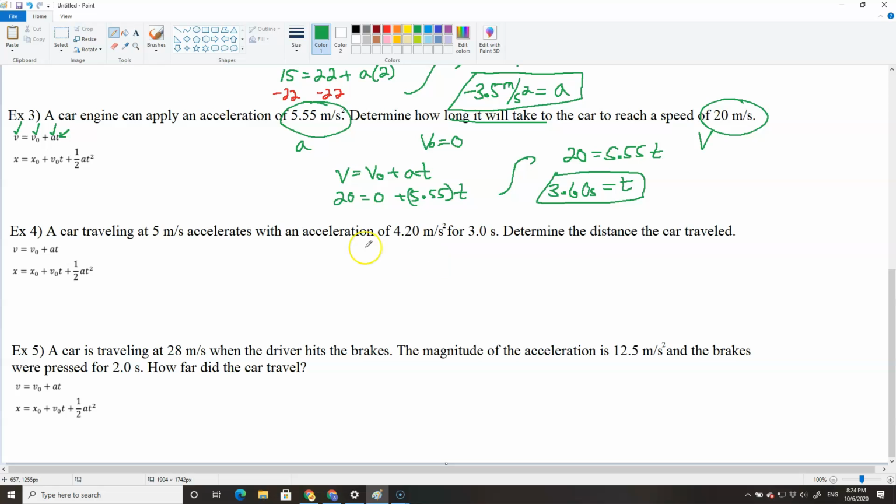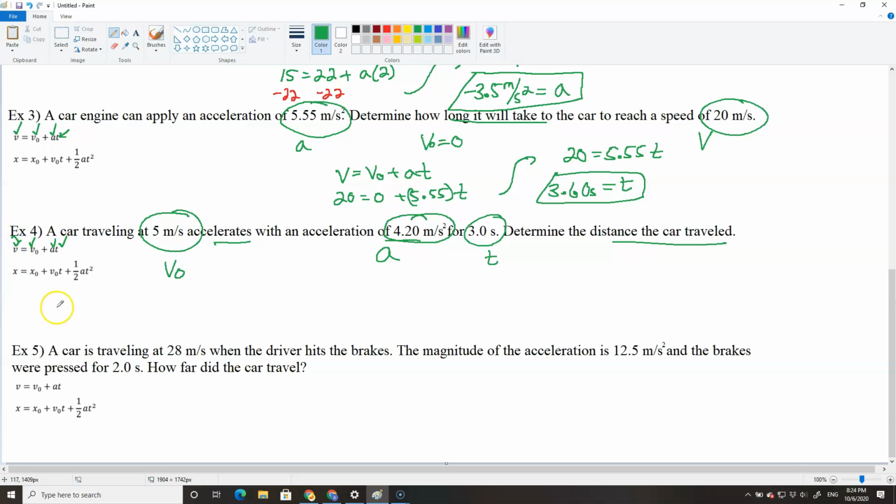Moving on to 4. A car traveling at 5 meters per second accelerates with an acceleration of 4.20 meters per second squared, and does it for 3 seconds. Determine the distance the car traveled. So the first equation, again, I got v naught, a, and t.